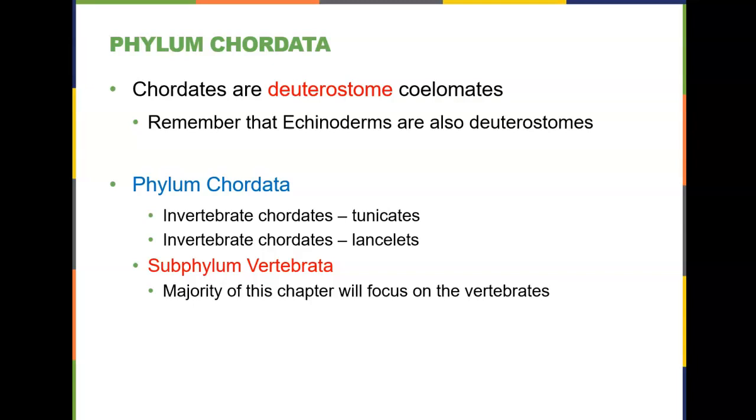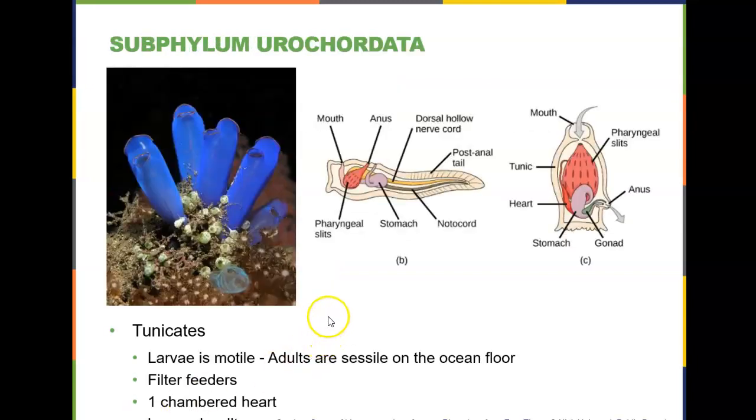So let's take a quick look at those tunicates and the lancelets. You don't need to know these subphylum names. These are the tunicates. They are water organisms. We find them on the ocean floor. They are marine. This is the embryonic form, and in the embryonic form you see that there are all four structures: notochord, the dorsal hollow nerve cord, the postanal tail, and the pharyngeal slits.